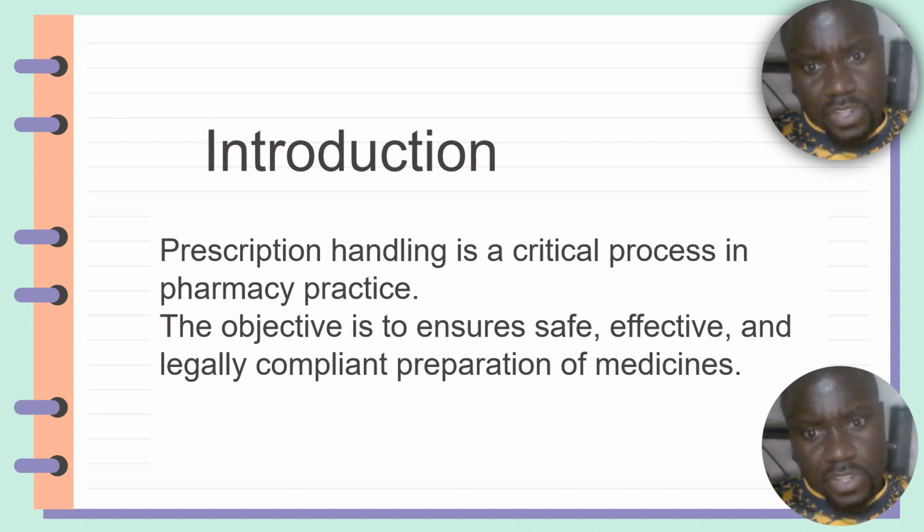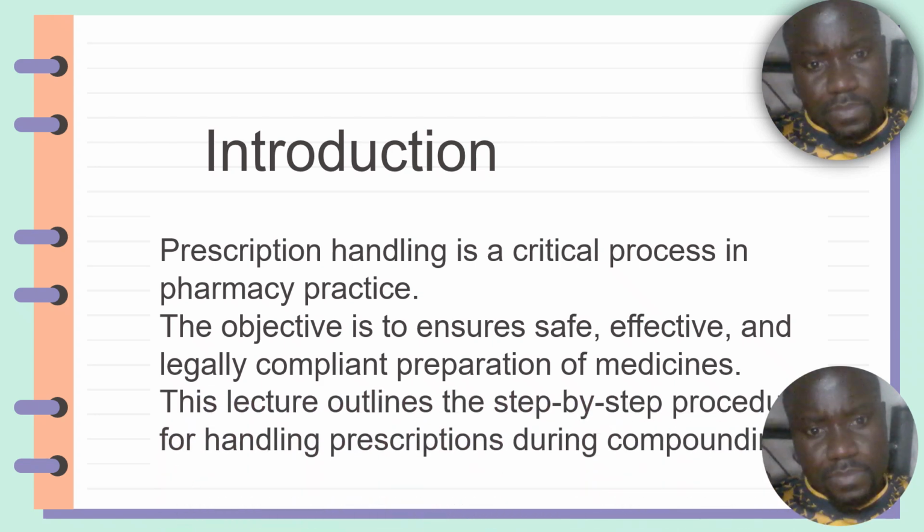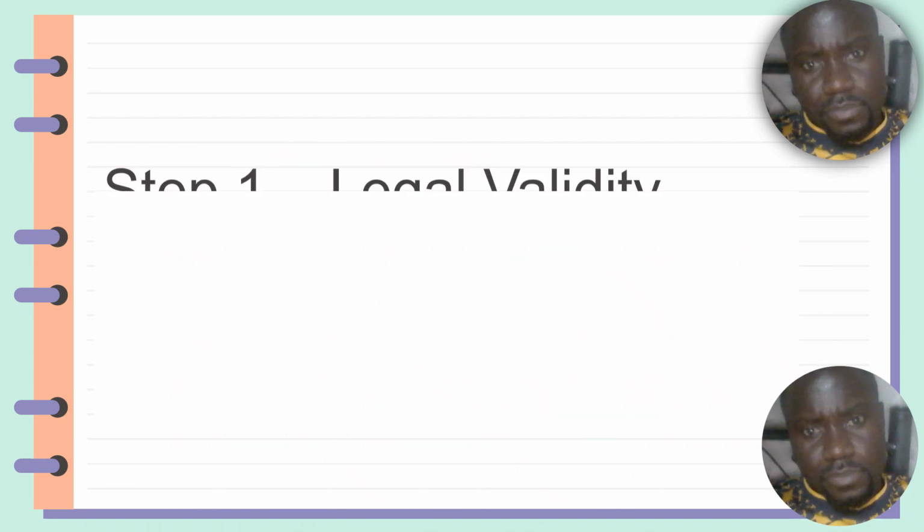That is effectiveness or efficacy. And obviously our practice is guided by legal provisions. So we have to ensure that the process is legally compliant as we perform this compounding process. Therefore, this lecture is meant to give a step-by-step procedural guide in how we handle prescriptions during compounding.